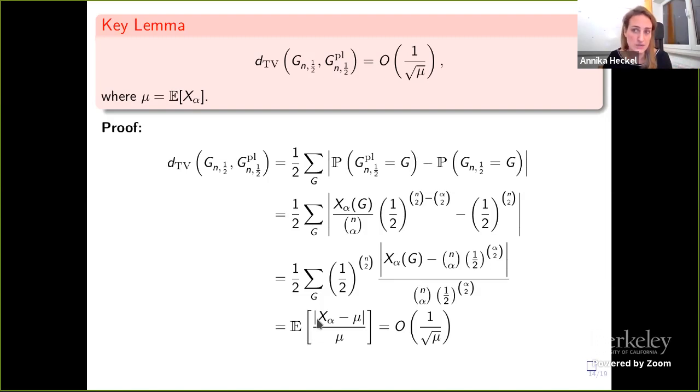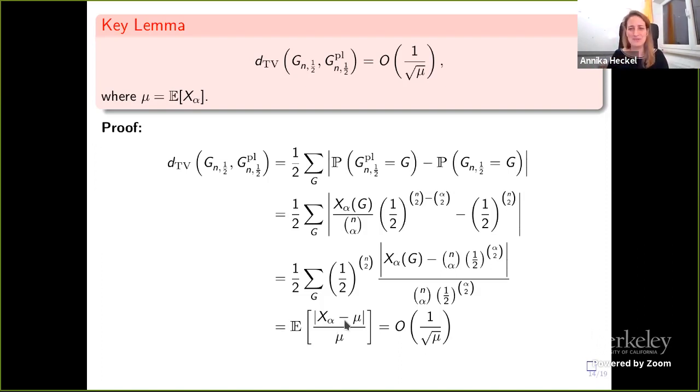We know that X_alpha is Poisson distributed. So we know the deviation is of order root mu, and so when we divide by mu, we get order 1/√mu. Actually, we don't need the Poisson approximation for this. It's enough to show that the variance is small enough, which is not so hard.